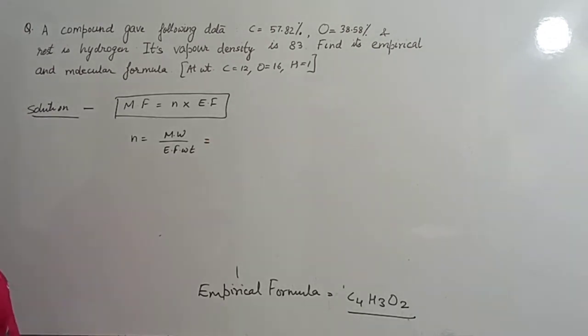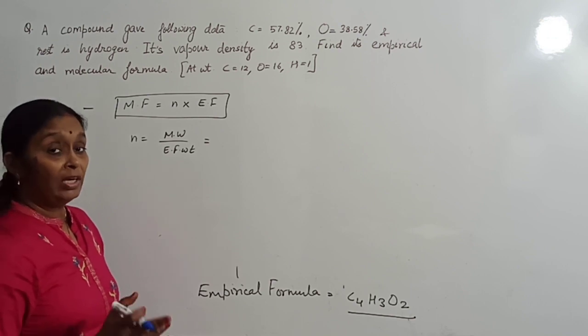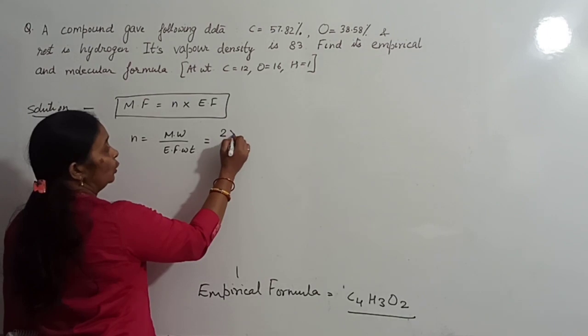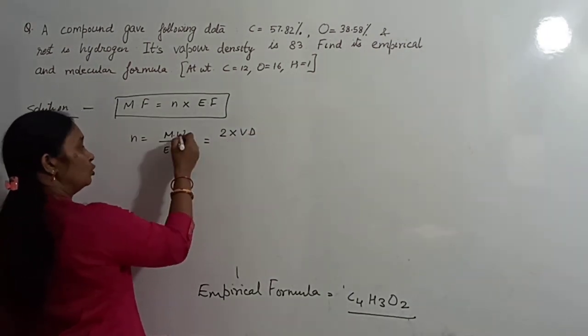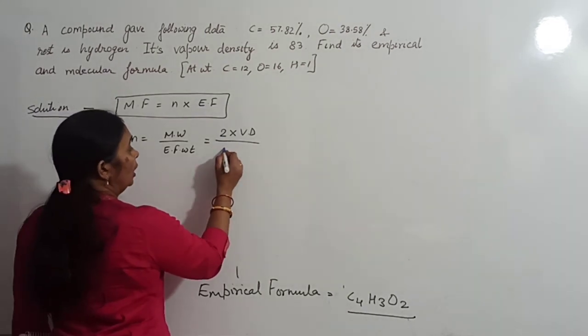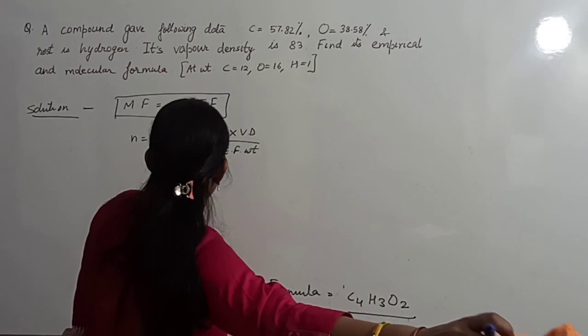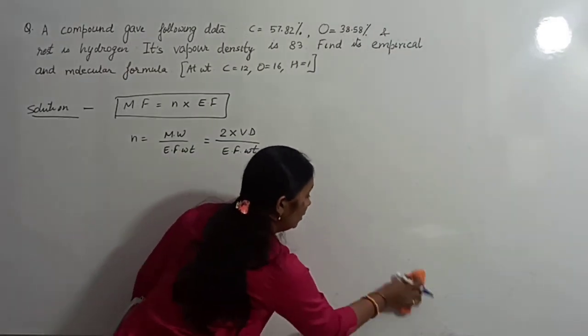Molecular weight will be given in the question, or if molecular weight is not given, vapor density will be given, because molecular weight is equal to 2 into vapor density. So you will simply convert vapor density into molecular weight by multiplying by 2, and divide by empirical formula weight. This formula you will use and you will get the molecular formula.